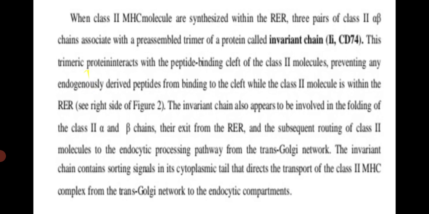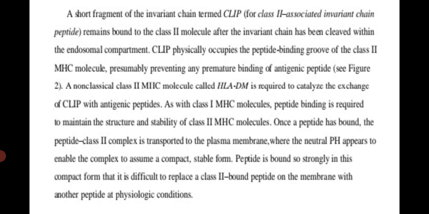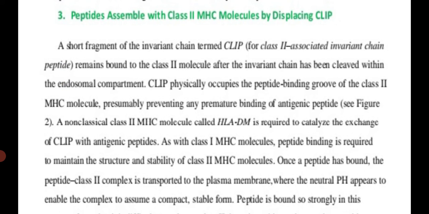The invariant chain contains sorting signals in its cytoplasmic tail, and these signals direct the transport of the class 2 complex from the trans-Golgi network to an endocytic compartment. Then the next event: the peptide assembles with a class 2 molecule by displacing CLIP.